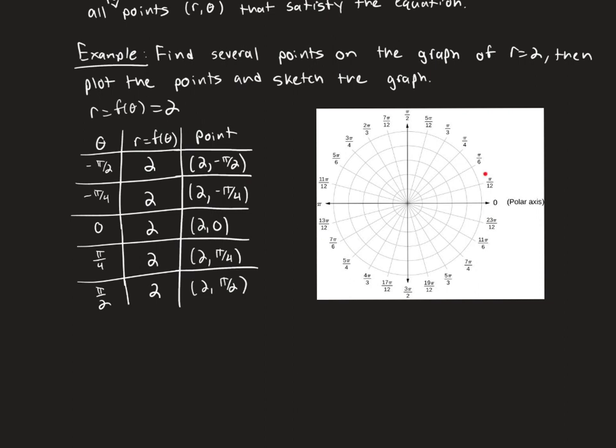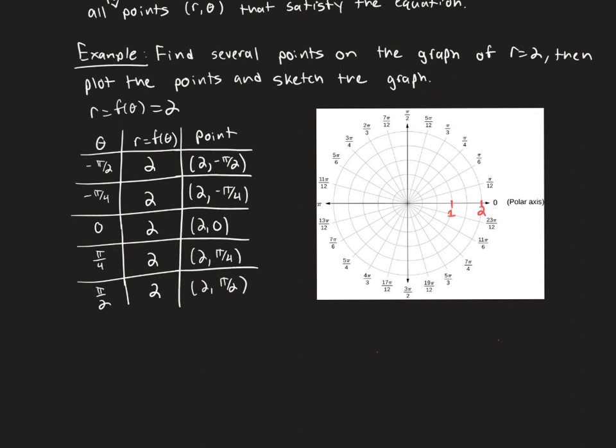Here's our polar coordinate system. Let's label this outer radius 2, and maybe that radius there is 1. Then let's start plotting our points. So 2 negative pi over 2. Remember, there's a few ways to get this.